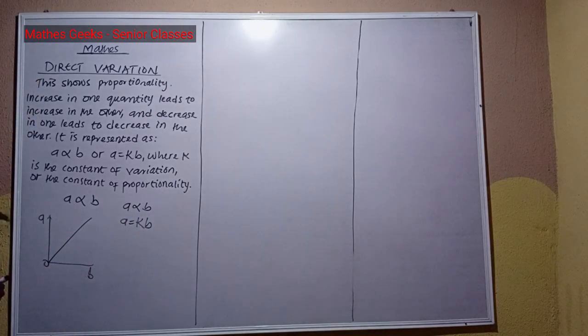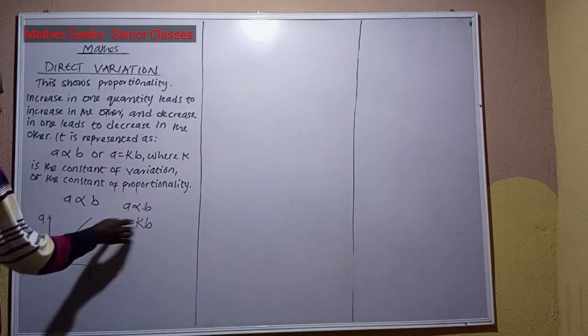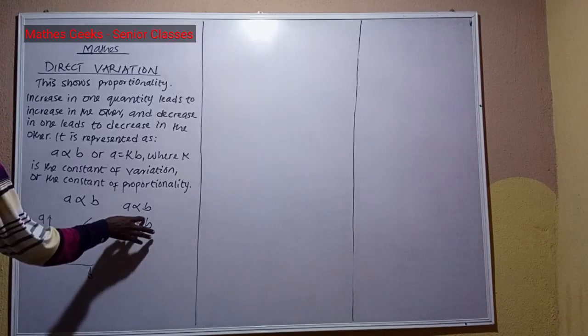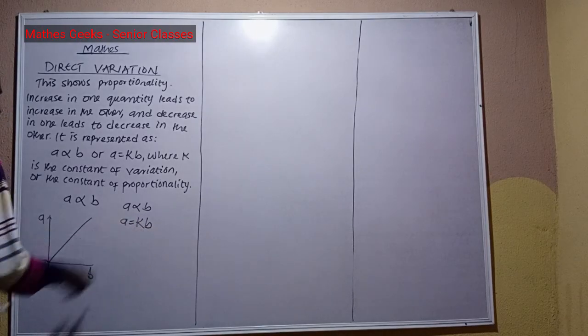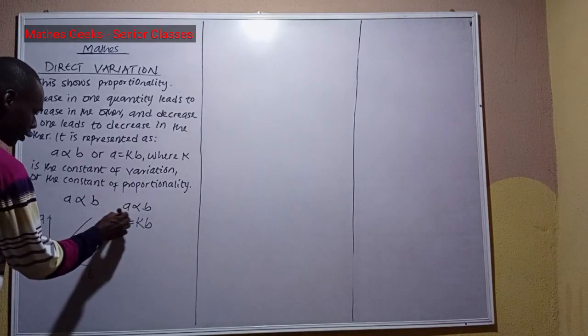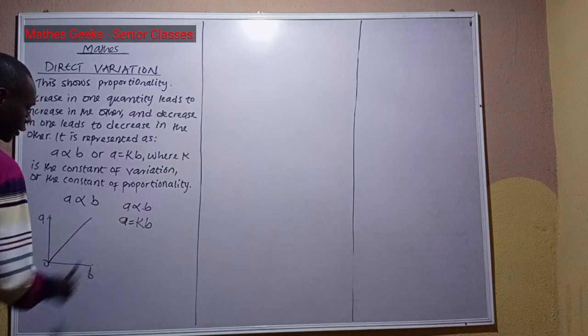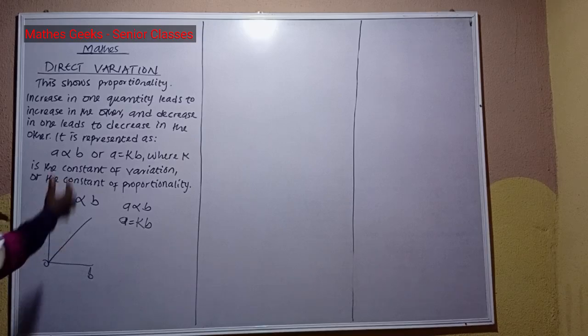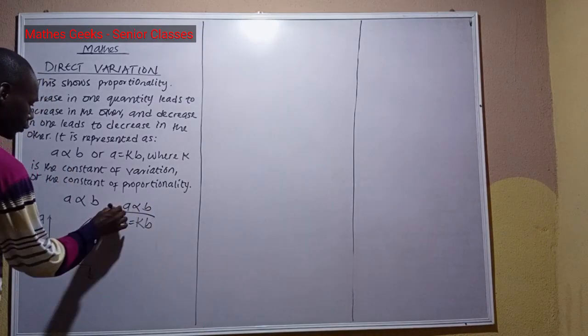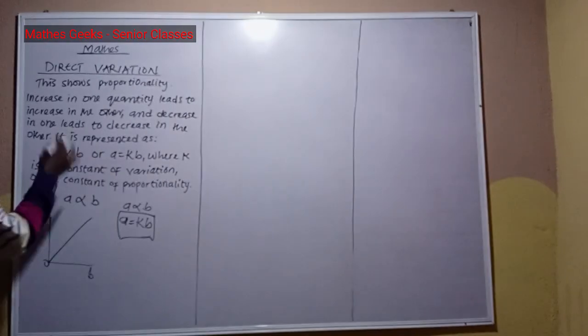So A varies as B is represented as A is equal to K times B. Our constant of proportionality is not restricted to K. You could use any letter for it, but usually mathematicians prefer K to represent the constant, though as we proceed, we may be using other letters. So this is the way to represent direct variation.